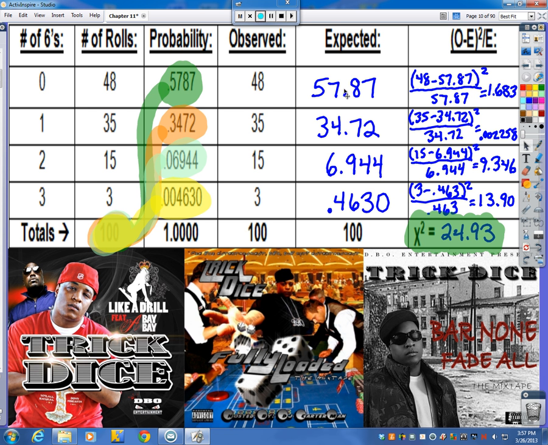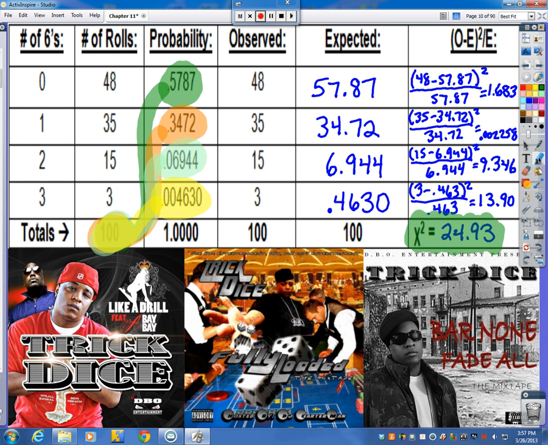If the observed and the expected are the same, then every time we subtract these two numbers, we should expect 0. So if everything was ideal, then our chi-squared value would be nothing.